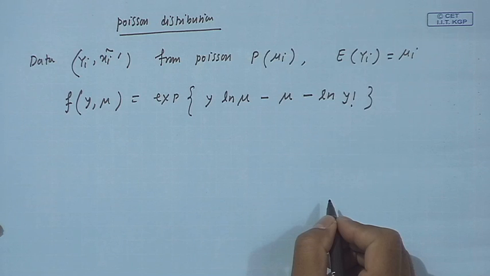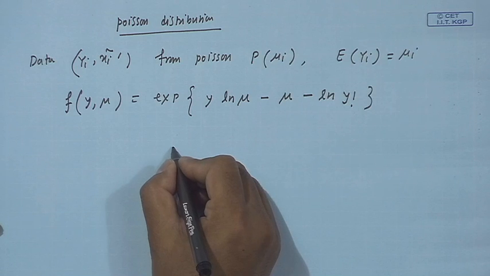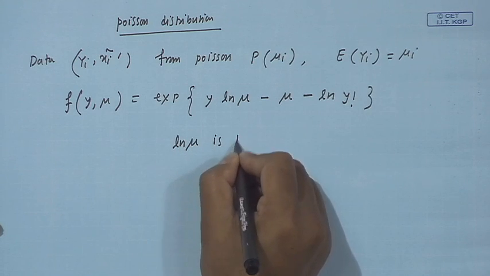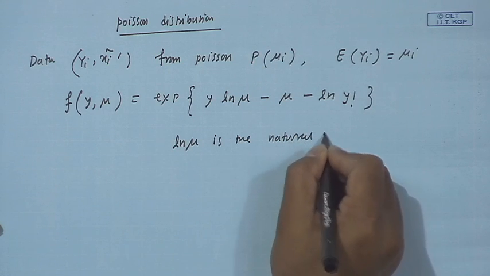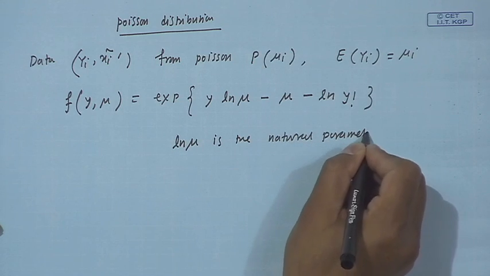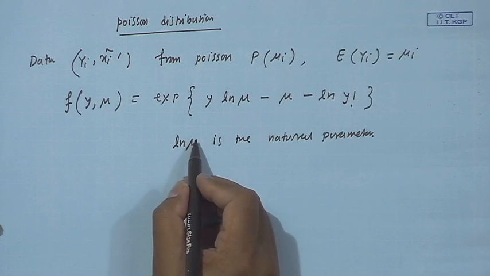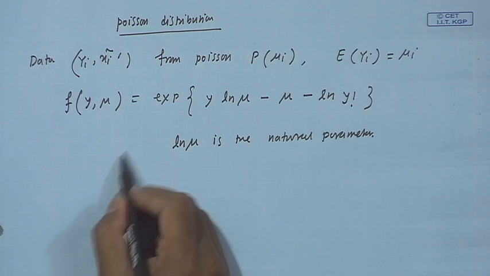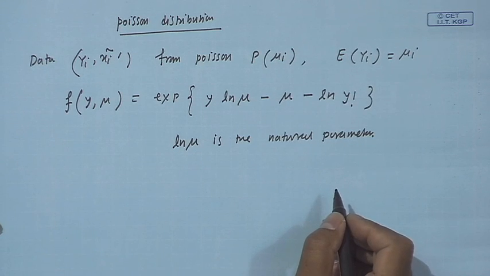Okay. And here the natural parameter is ln mu. I am specific about this because from this natural parameter we will get the link function. So, g(mu) is ln mu. Okay.